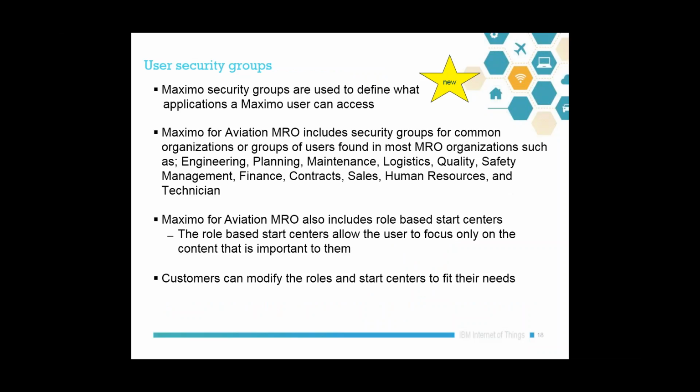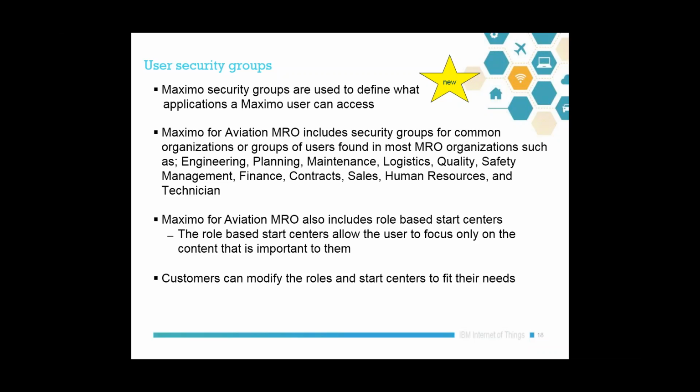So for example, in this release, there's a security group for engineering, planning, maintenance, logistics, quality. You can see the whole list there. And we've also defined unique start centers or unique user interfaces, providing that role-based user interface for that role, a unique set of applications.